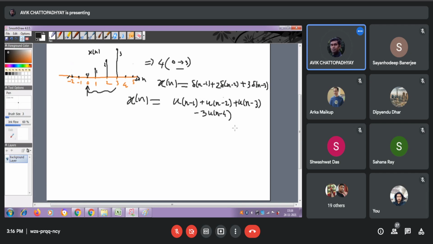Okay. Have you drawn it and cross-checked whether after summing all these 4 components you are getting this? Have you drawn it on your paper? You draw u[n-1], then u[n-2], then u[n-3].